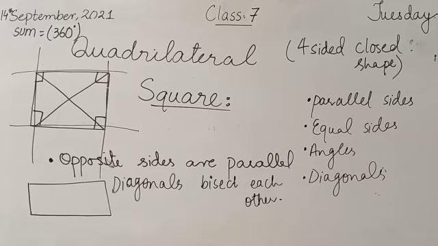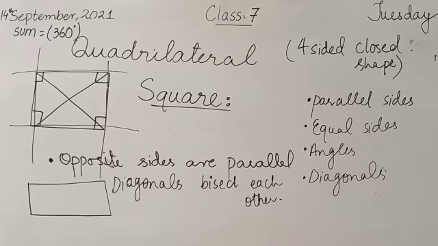First one is parallel sides. What about the parallel sides of a rectangle? Opposite sides are parallel, and in a square also opposite sides are parallel. So this is the first similarity you find between square and a rectangle.